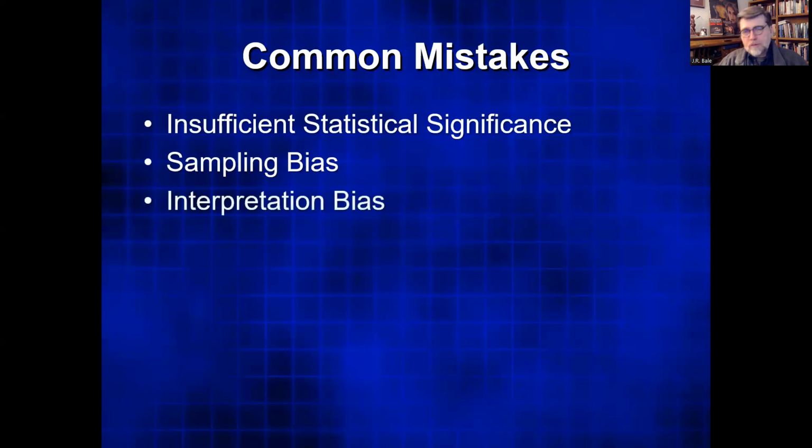Interpretation bias is also a problem. You get the results, but interpret them improperly. This, I think, happens a lot, particularly with focus group data. For a number of years, my company worked under the premise that we had three types of customers.